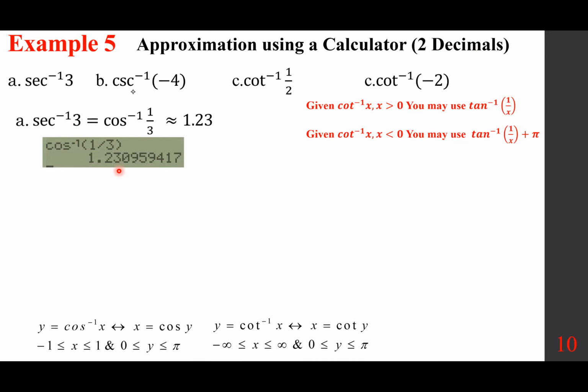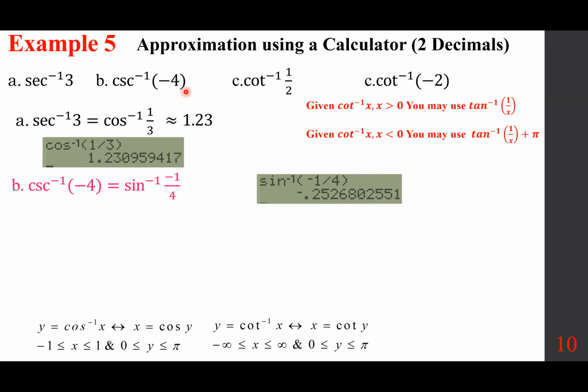Part B, we want cosecant inverse of -4. Because of the relationship with sine, it's sine inverse of its reciprocal, -1/4. So if we use sine inverse of -1/4, and again we want 2 decimals, 1, 2.